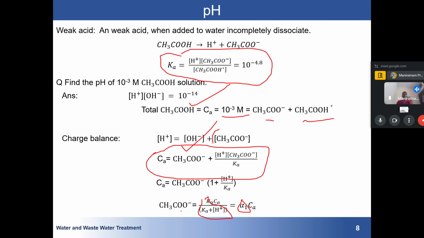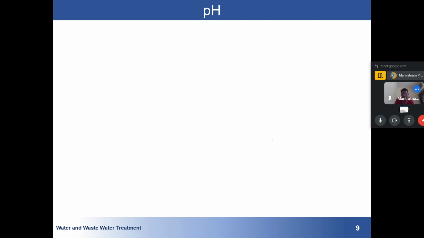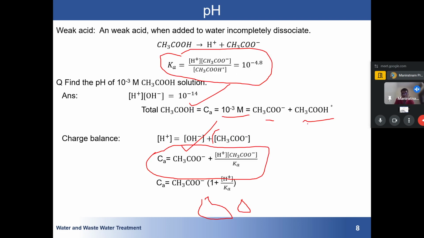It is expected that you should know this alpha 1. Similarly, for acetic acid I will find the expression for CH3COOH. You can simply put this value here, and you can find the expression of CH3COOH.